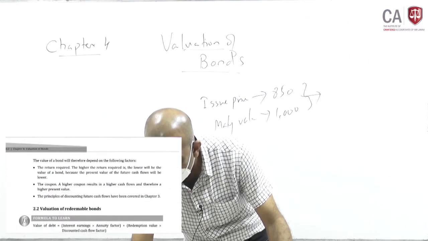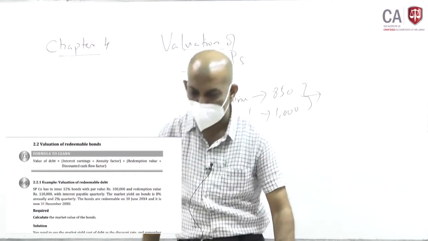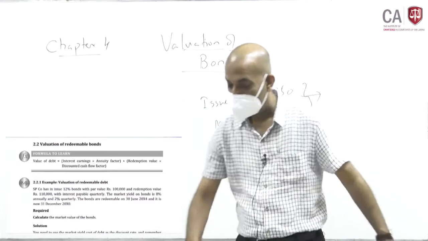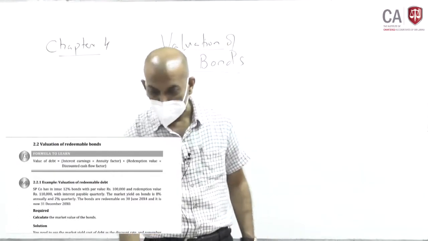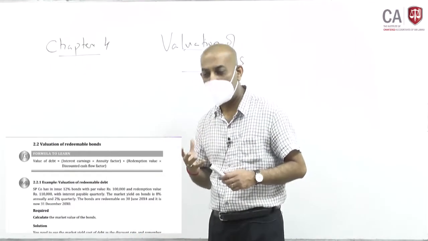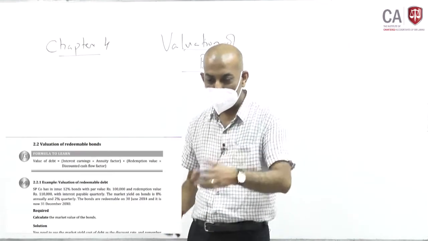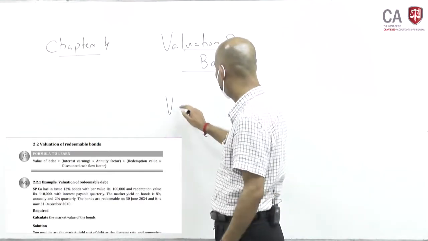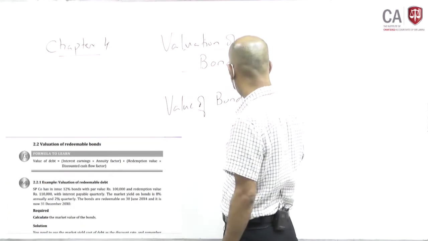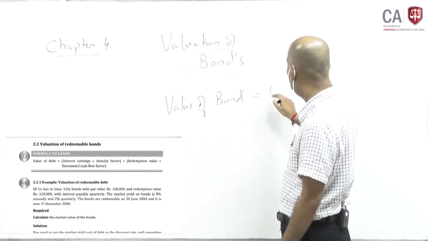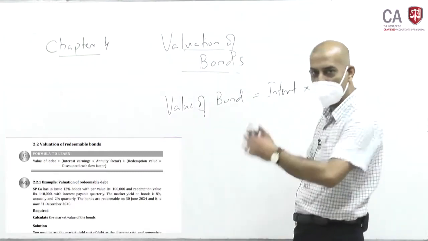Then we move on to the valuation of the bond. Valuation of bond. Now you can see that in the study pack, valuation of bonds. It's actually the corporate debt valuation we looked at in the valuation chapter, right? You can see value of debt or the bond. You can see the interest into annuity factor, that means every year you get a coupon.